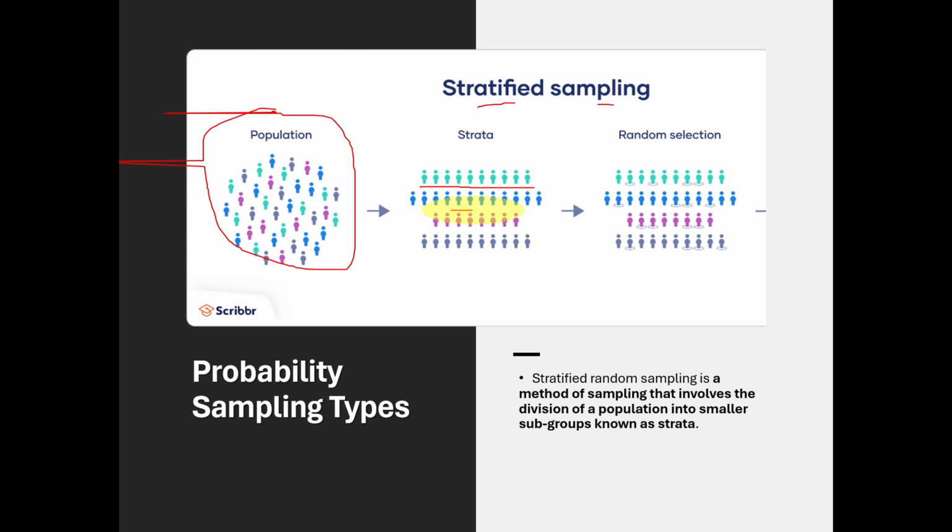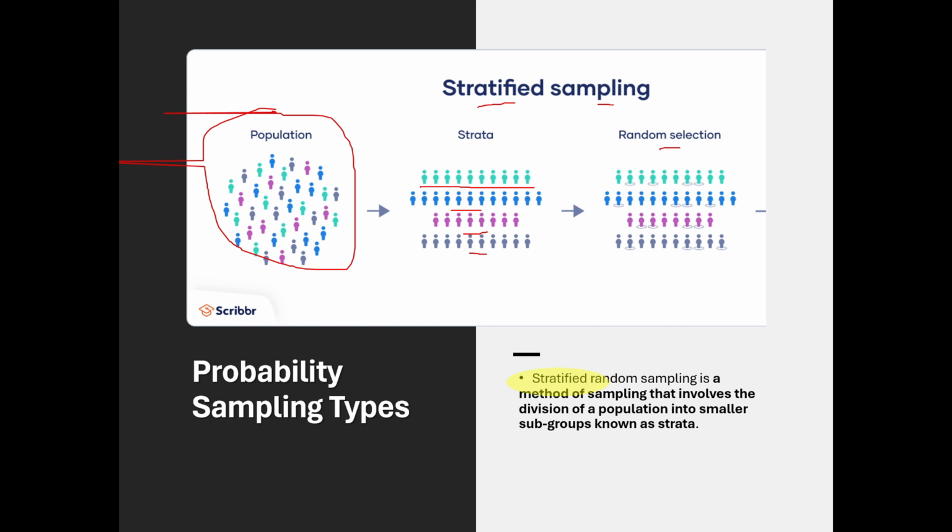We have divided them on the basis of color, and then we're doing random selection on this pattern. So instead of picking any random number, we have grouped them, and then we have selected on a random sampling.